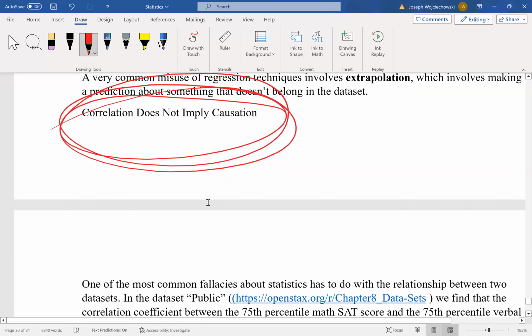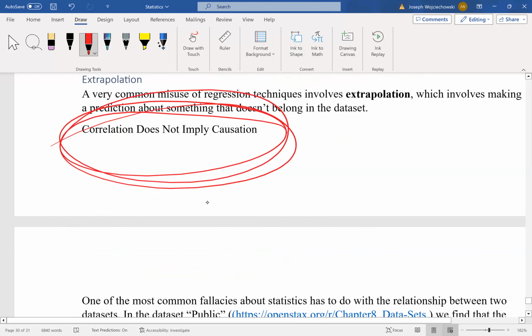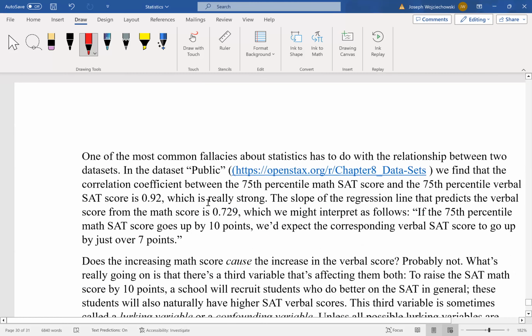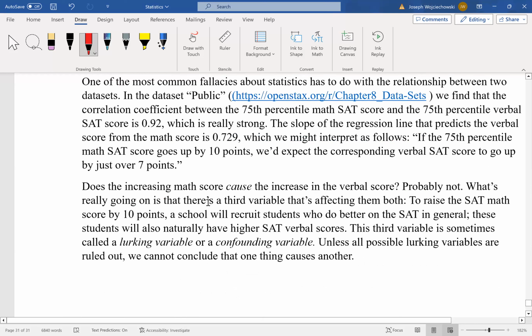Just because you can create a regression line doesn't mean that it's accurate. One of our most common fallacies about statistics has to do with the relationship between two data sets. And again, this is referencing some of the stuff that's in the online version of the text, which we're not referring to.